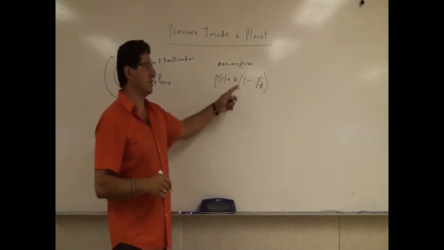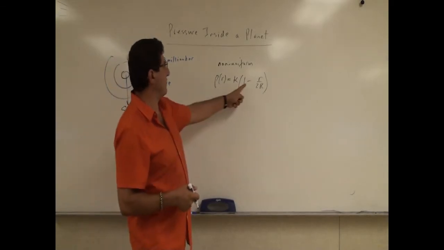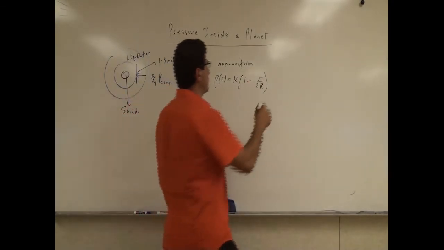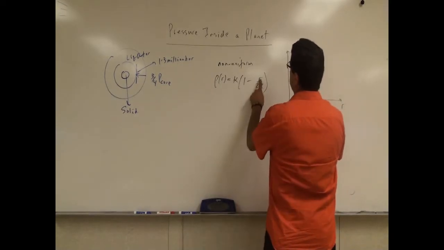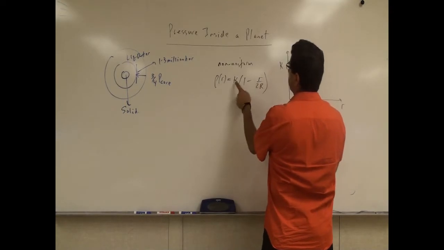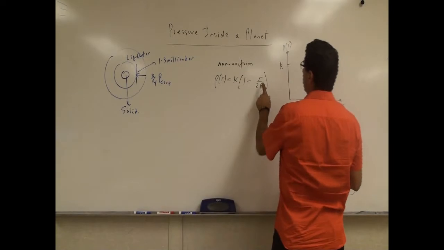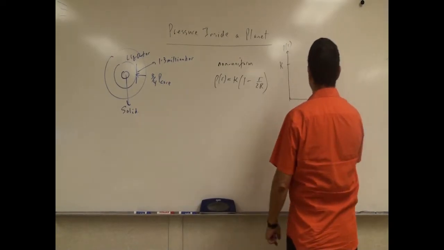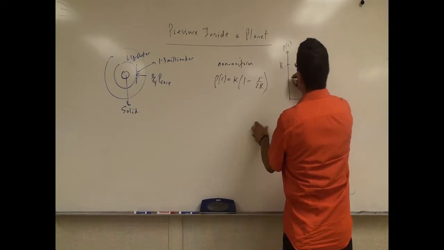So kappa is some constant that we're going to have to integrate for and calculate. What does this mean? When the little r is equal to 0, then the density is equal to kappa. So this is the density as a function of r. When little r is equal to big R, that's 1 minus a half, then it's equal to half kappa.